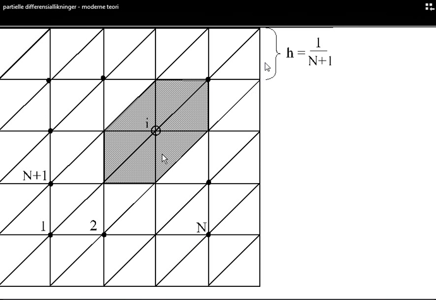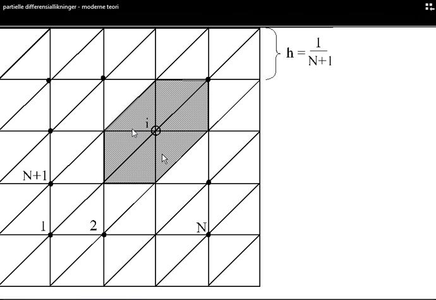We note here that the distance is equal to, we call it h, which is this maximum diameter which we referred to in the previous lecture, and it's, as you can see, equal to 1 divided by N plus 1.